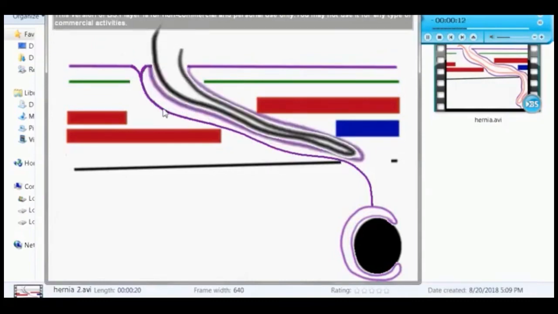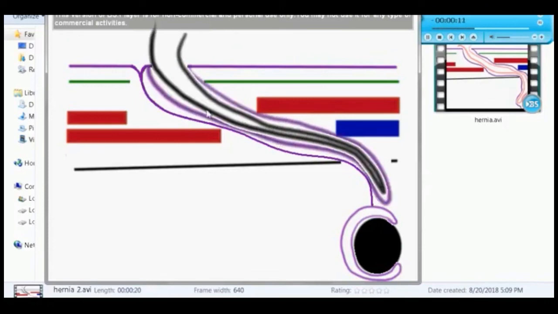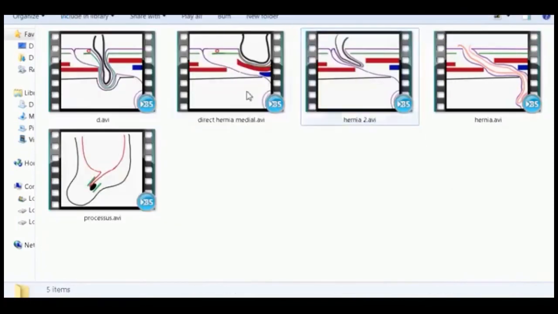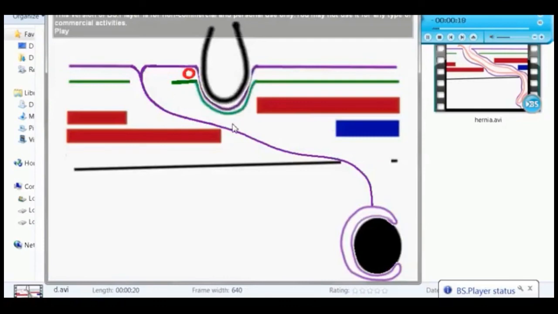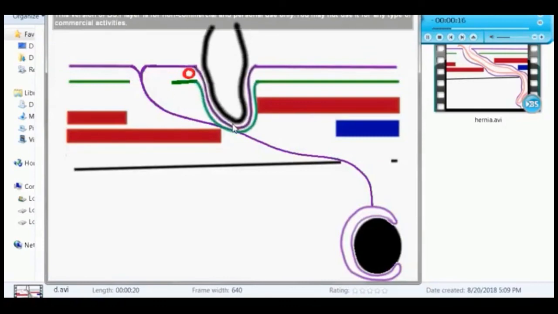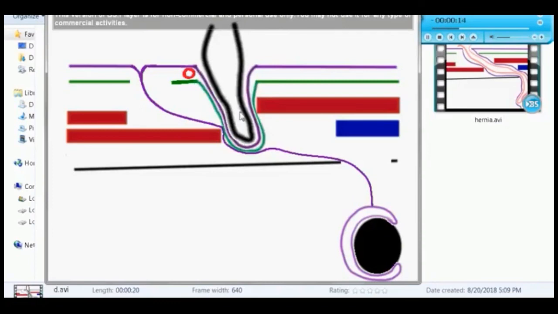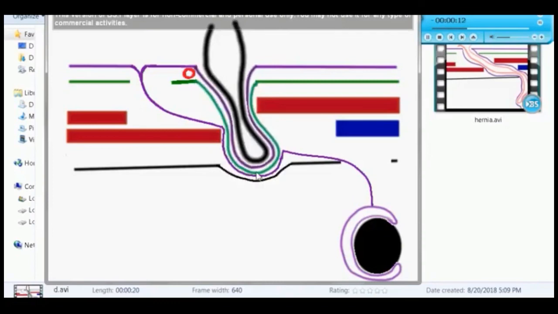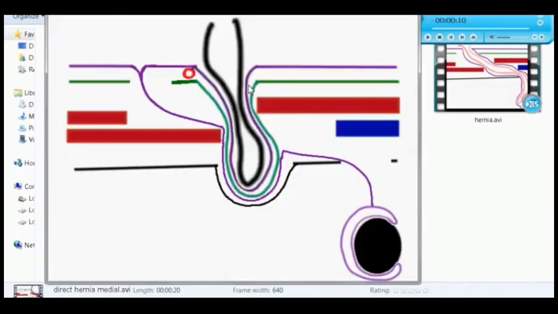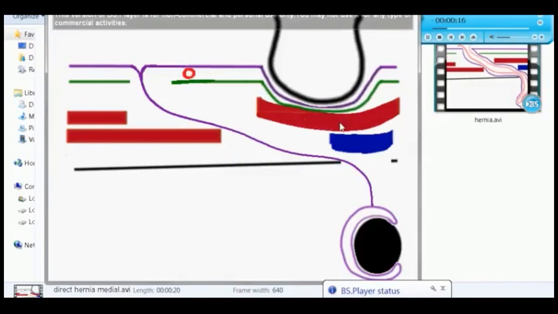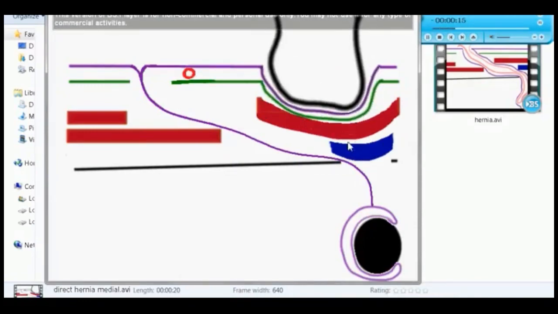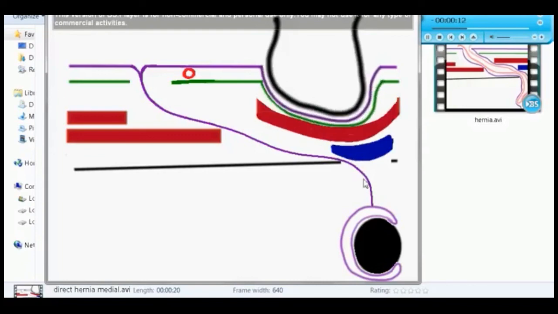Either the congenital or acquired type is inside the spermatic cord, and also inside the inguinal canal, of course. And there is the lateral direct inguinal hernia through the lateral part of the inguinal triangle here, and this is the medial direct inguinal hernia, pushing the paralysed conjoint tendon through the superficial ring.